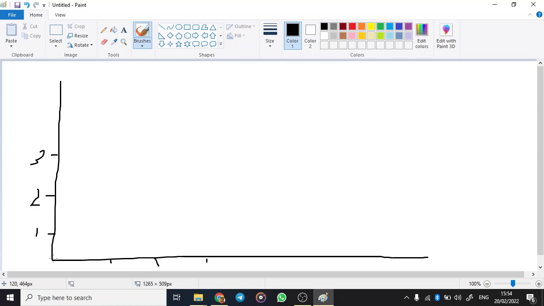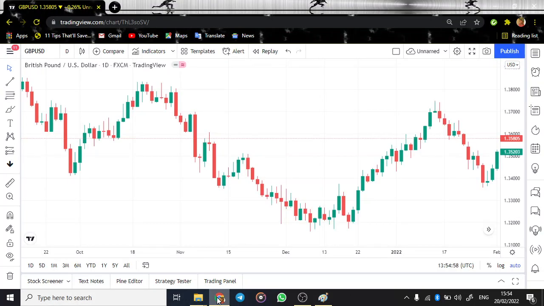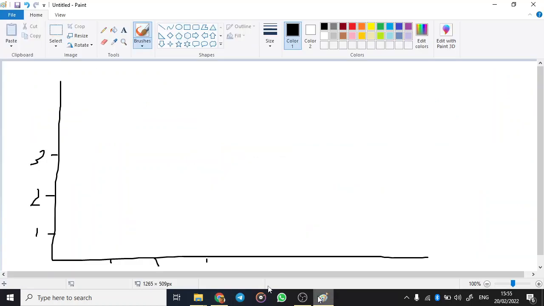It's just simply a type of chart that instead of having candlesticks like this one showing us price data, we have a line that shows us price. So if the line is here, it means that at this particular time the price of this currency pair is 1. If the line goes down, it means it's 50 cents.